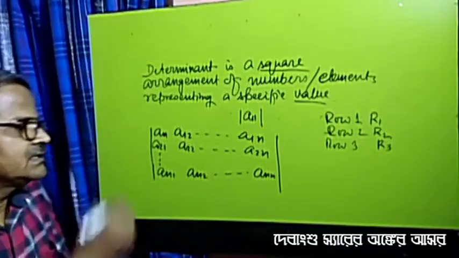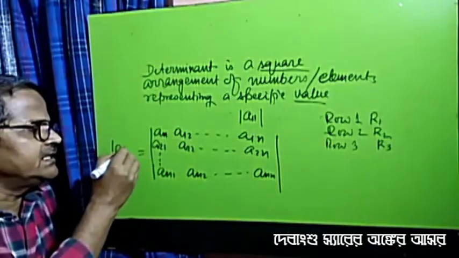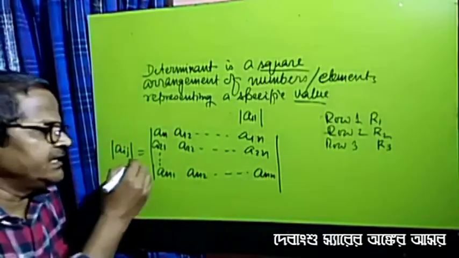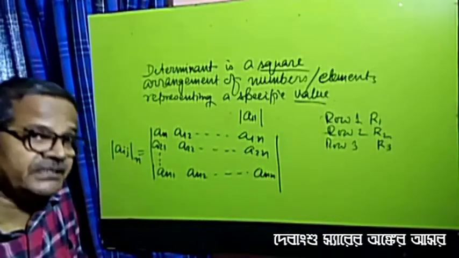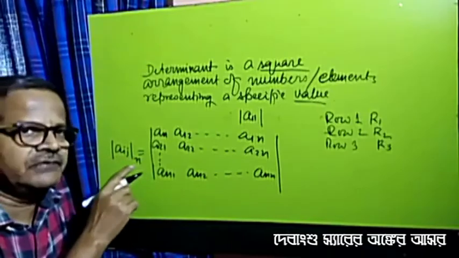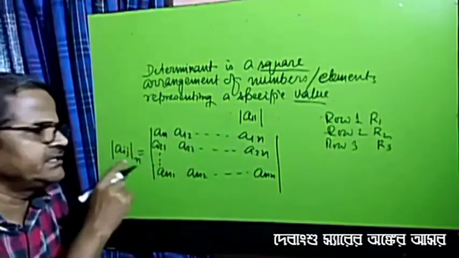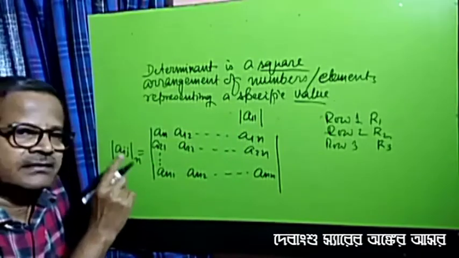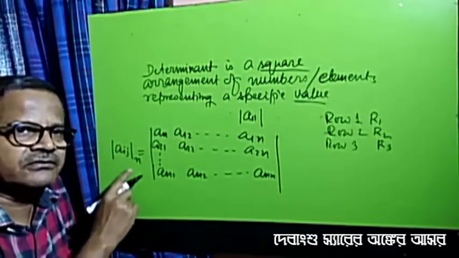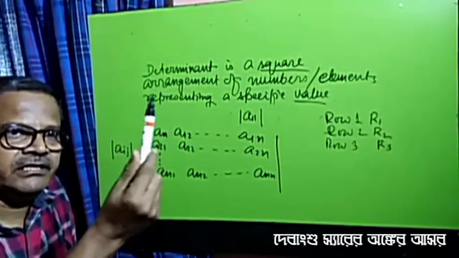Sometimes we represent it simply as Aij, where i and j vary from 1 to n. So in short, we can represent it by this symbol also, to save our time and ink.